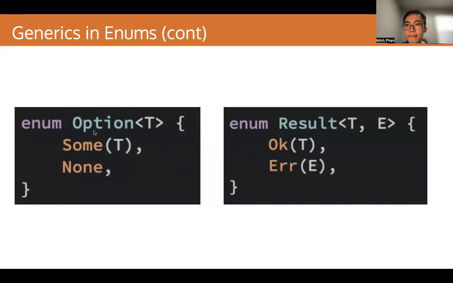So for the Option enum, we must also put the generic type T. For the Result enum, the Ok variant contains a value of generic type T, and the Err variant contains a value of the generic type E. So we must put both T and E in the Result enum declaration.